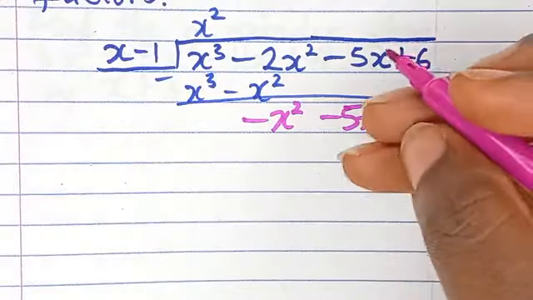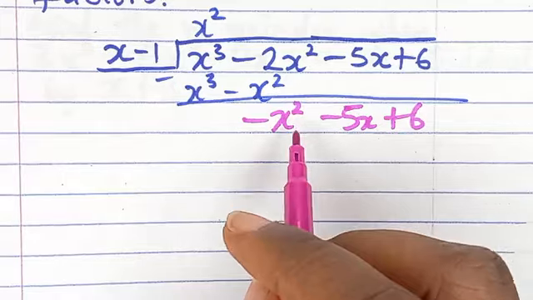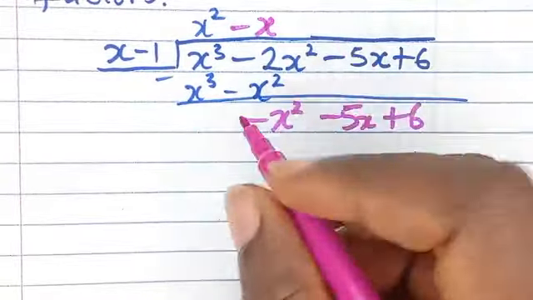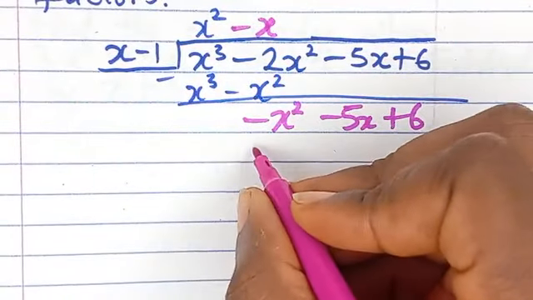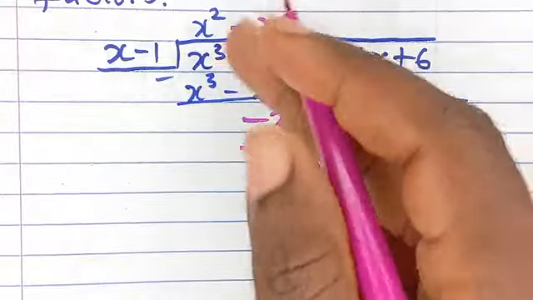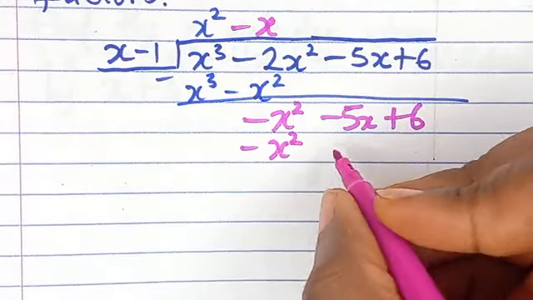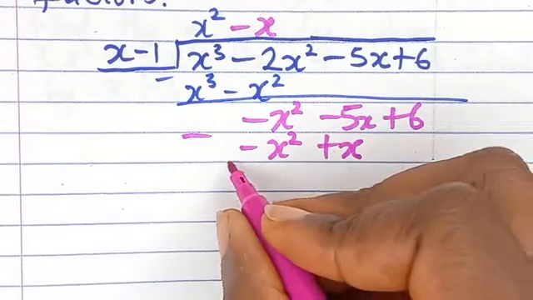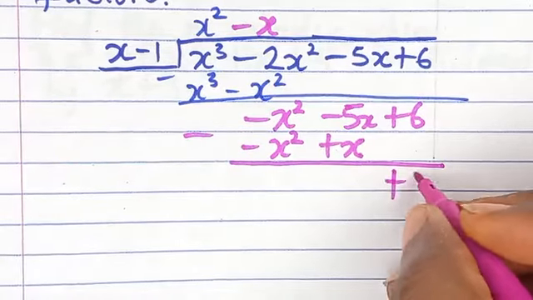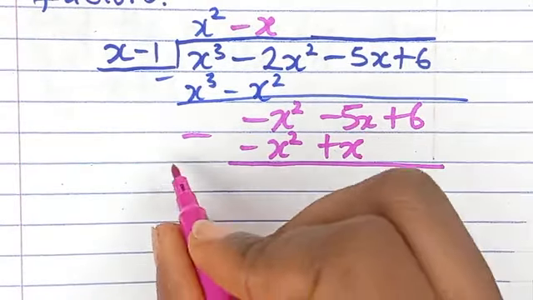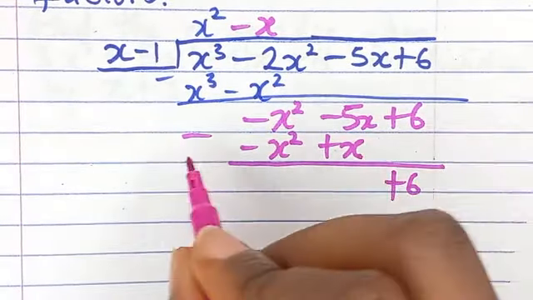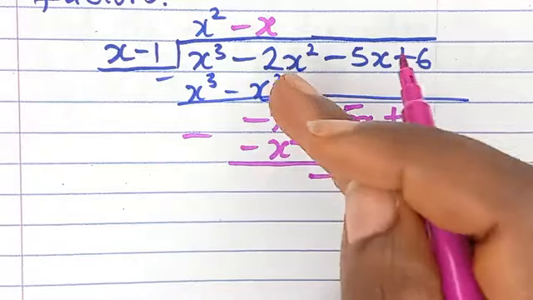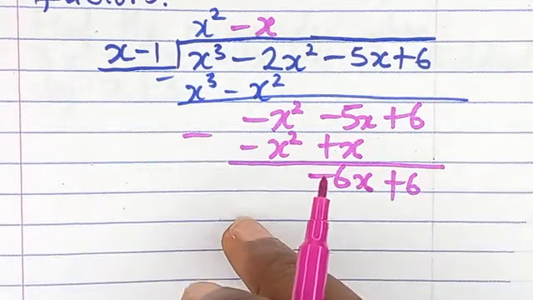We now divide into this. X divided into minus x squared is equal to minus x. Minus x times x is minus x squared. Minus x times minus 1 is plus x. We subtract. We are going to bring down plus 6. Minus 5 minus plus x, that is minus 5 minus x is minus 6x. This term minus itself is 0.